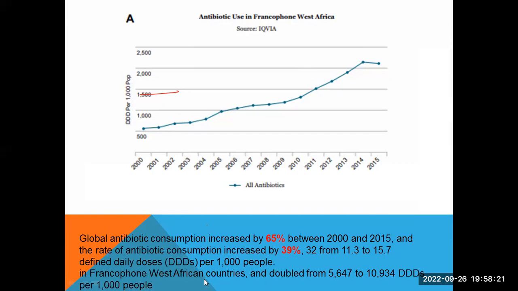And the rate of antibiotic consumption, expressed by something called DDDs, we don't want to go into details, but the DDDs represent the antibiotic consumption, has increased by 39%. This is, again, crazy. And specifically speaking about the Francophone West African countries, it rose from 5,000 to 10,000. So we're talking about twice the number in the last 15 years.